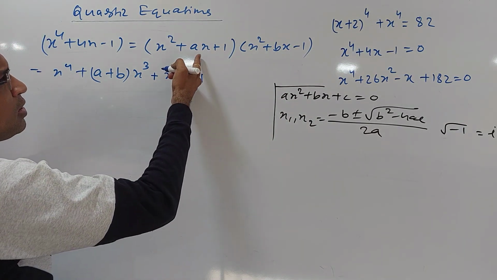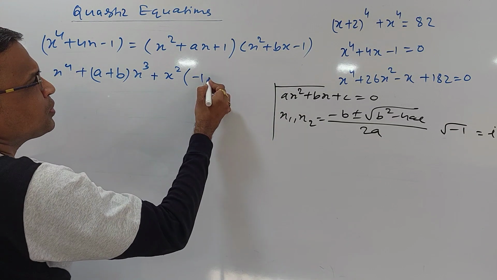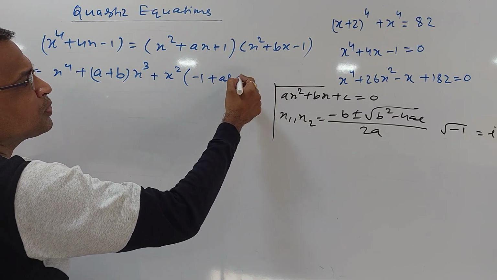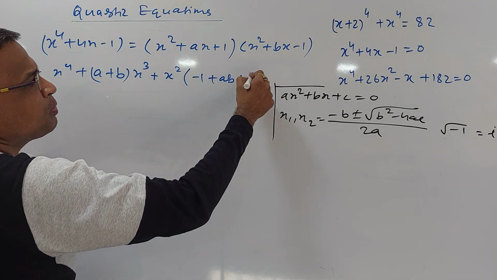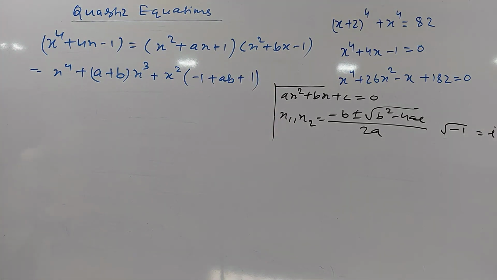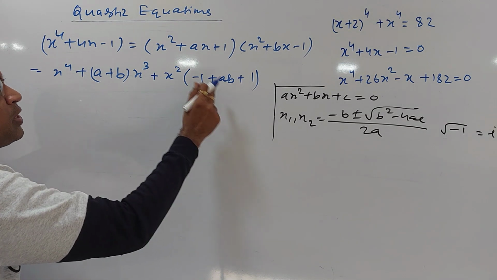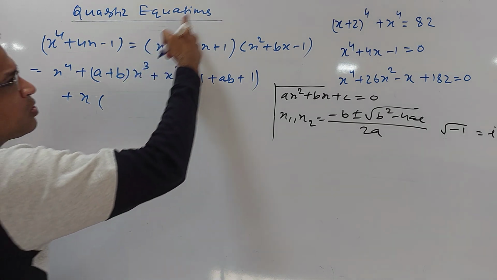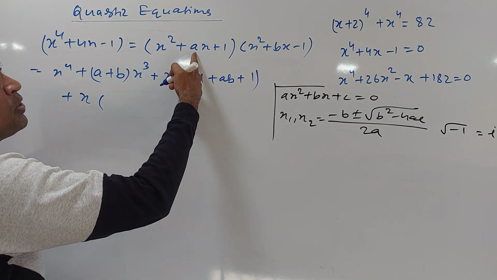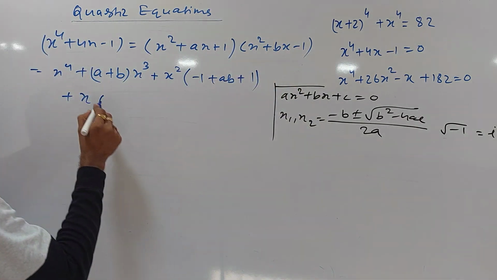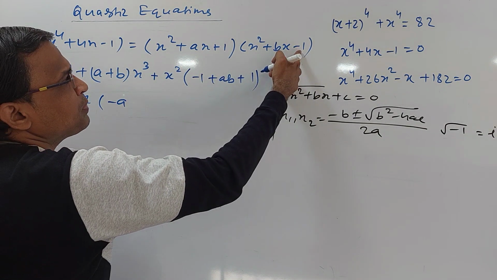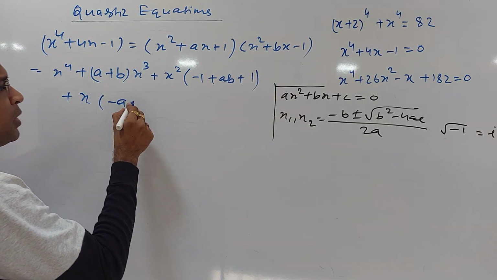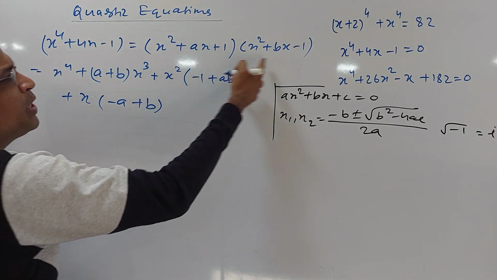And then after that it is ab, so plus ab. Fine, and then 1 into x square, so that is plus x square. Then of course we are getting minus 1 and plus 1 get cancelled. That's good for us. So plus x times, yeah, x times won't work here. Here it is working, so ax into minus 1, so that is minus a, and it is b into 1, so plus b, minus a plus b, and of course 1 into minus 1 is minus 1.